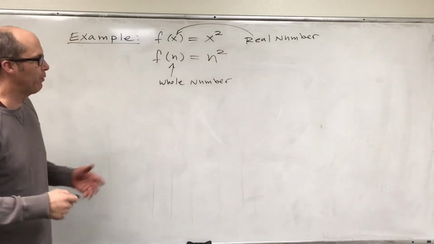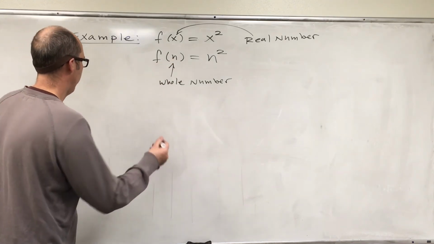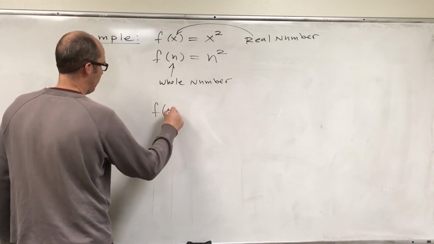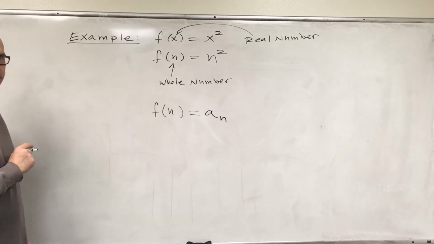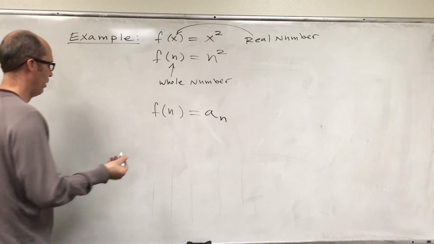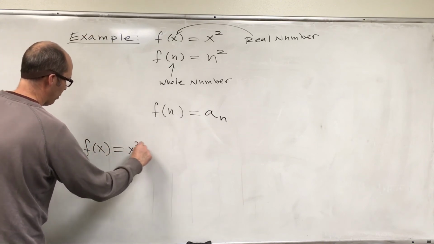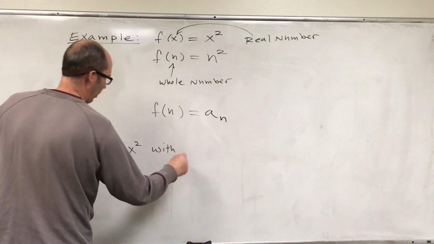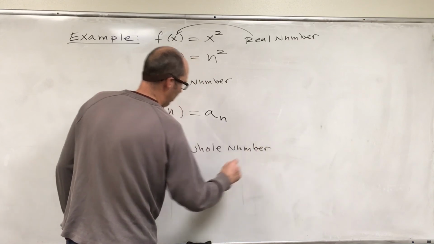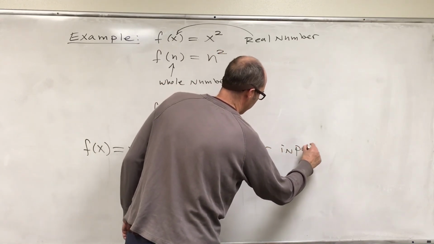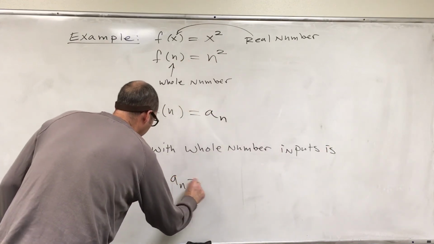And the notation goes even further. Instead of using f of n, when we talk about sequences, instead of saying f of n, we say a sub n. Okay, so f of x equals x squared with whole number inputs is a sub n equals n squared.